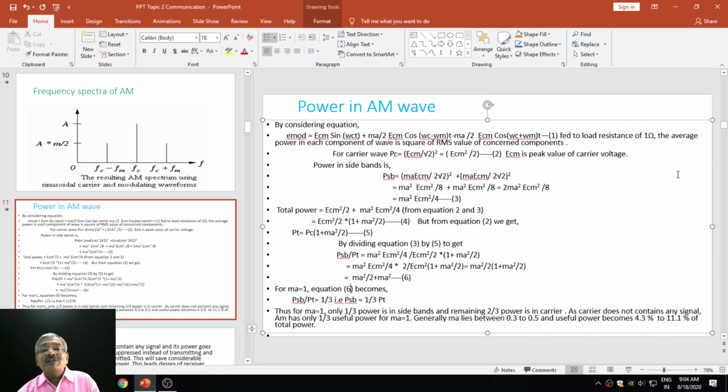This concept of amplitude modulation is used in the transmitter to modulate the analog signal, and then it is transmitted in space to cover long distances.